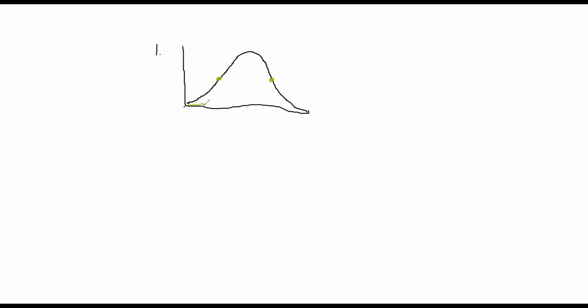I say here the derivative is small positive, it's getting more positive, more positive, more positive. Here it's the most positive, and then here it gets less positive, less positive as it approaches 0. And so I say this is the point where it's the most positive, and this is the point where it's the most negative.